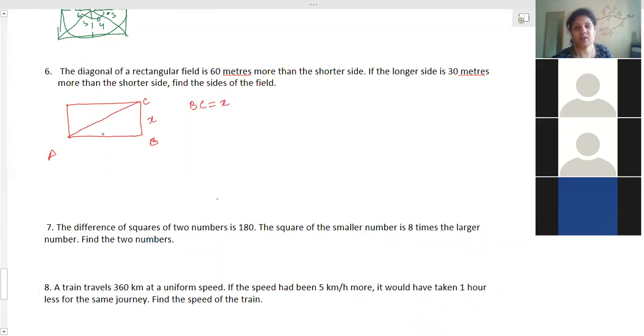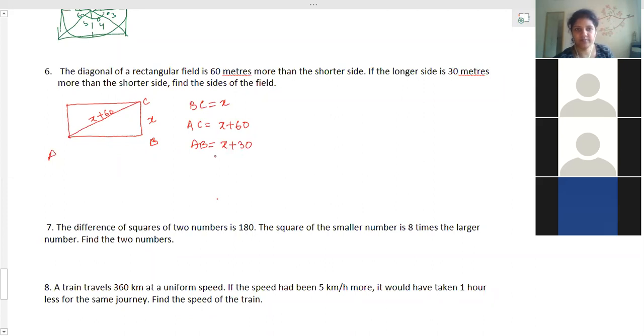So what is the diagonal value then? x plus 60. Then the longer side is 30 meter more than the shortest side. So which is the longer side? AB. AB is 30 meter more than the shortest side. The shortest side is x. So AB will be x plus 30.